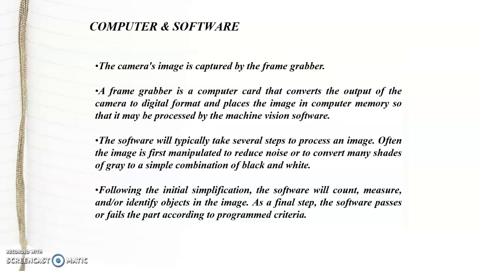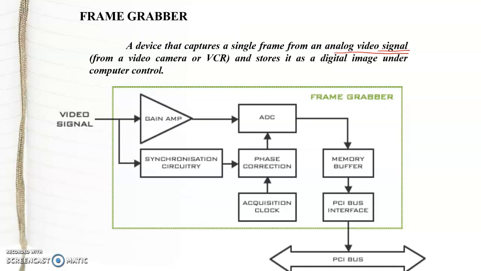Sometimes we use analog video signals in a machine vision system to capture the images, and if we are using these analog signals, we need to grab a single frame from that analog video signal, and that is known as a frame grabber. The typical grabber circuit is shown in this picture.